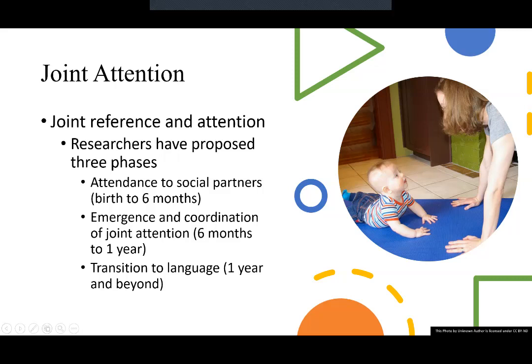So around 1 year is when babies make the transition to language. And by that, it means that they're really starting to use true words. They've got object permanence, so they know that things still exist even when they can't see them.